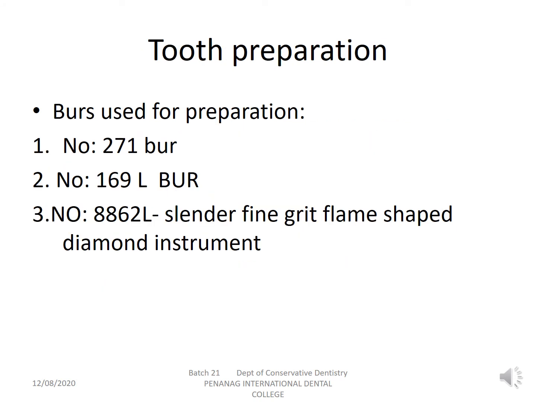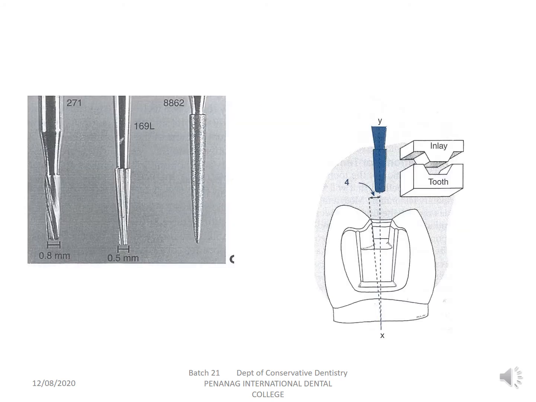The various burs used for preparation of a tooth for an inlay are the number 271 bur, the number 169L bur, and the 8862 slender fine grit flame-shaped diamond instrument. If you look at these burs, the number 271 and 169L burs, you will see that as the bur goes from the tip to the shank, the width of the bur increases. In the 271 bur, the tip is 0.8 millimeter.